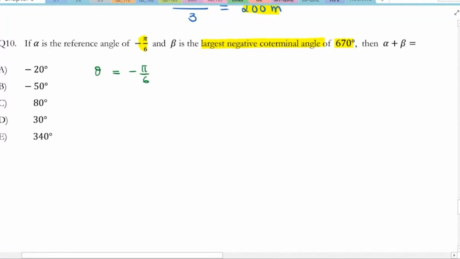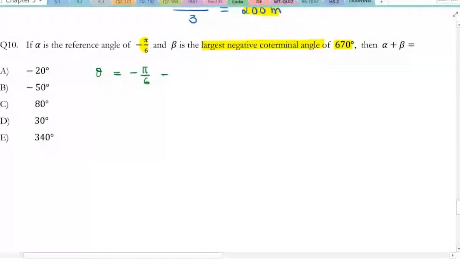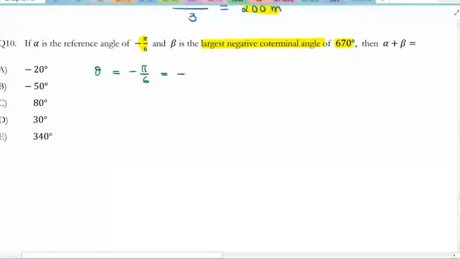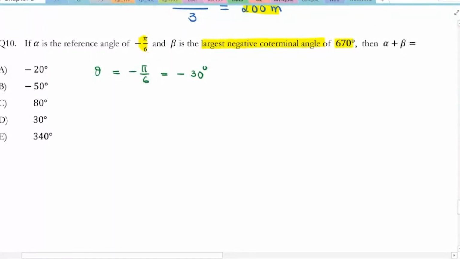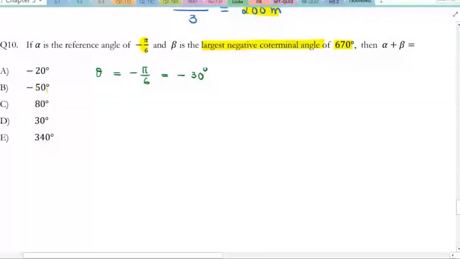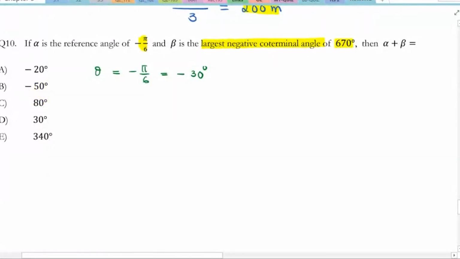Before you can find the reference angle, you have to find the coterminal. To make it easy for us, this pi over 6 is 30 degrees, so we can write it as minus 30 degrees. Why am I doing that? Because the final answer is in degrees.